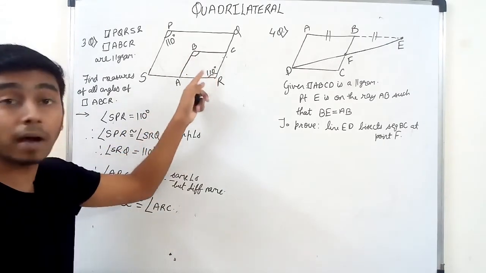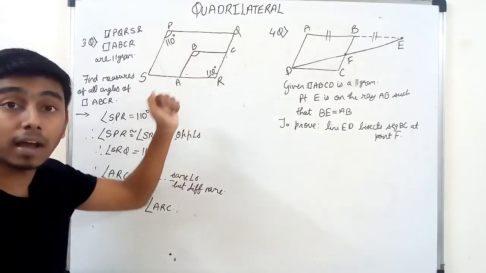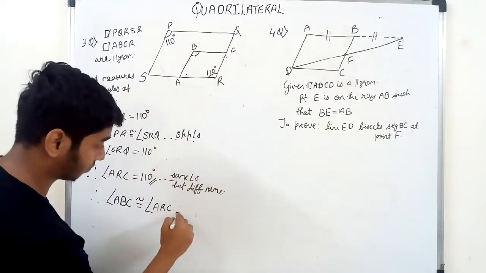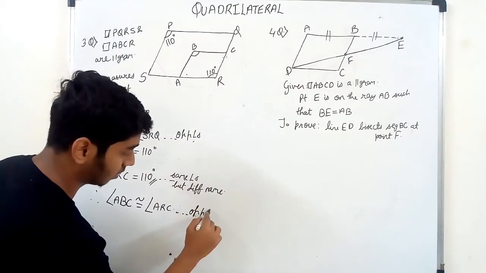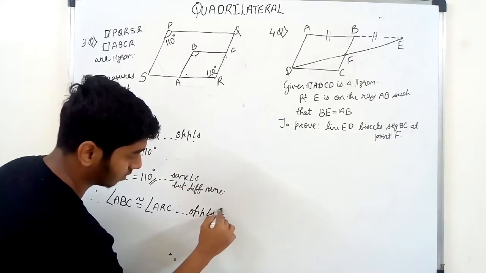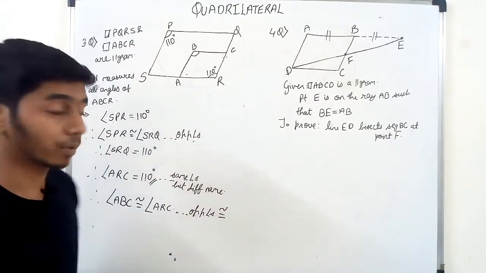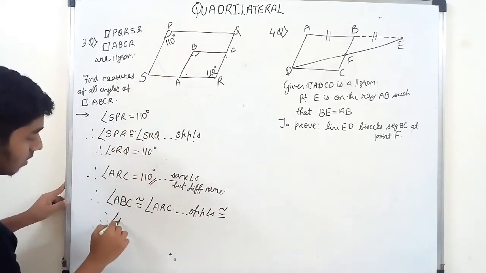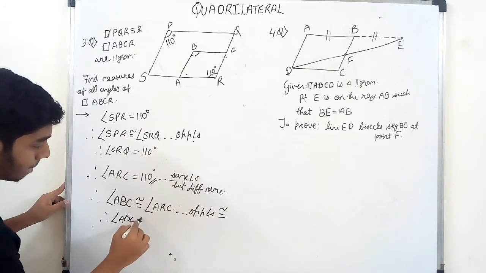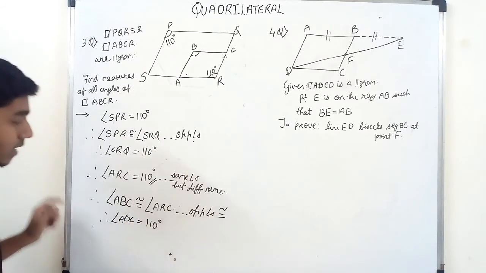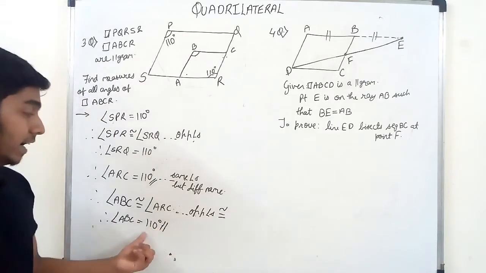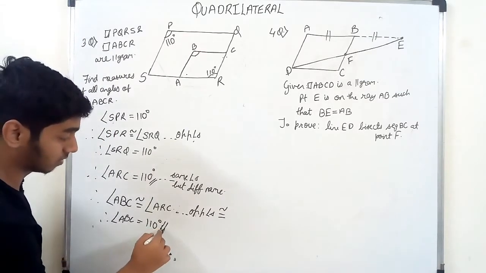Because this is a parallelogram, therefore opposite angles are congruent. So same reason, opposite angles congruent of a parallelogram. So here, therefore, angle ABC is equal to 110. Okay. So we have got the second angle of our answer.